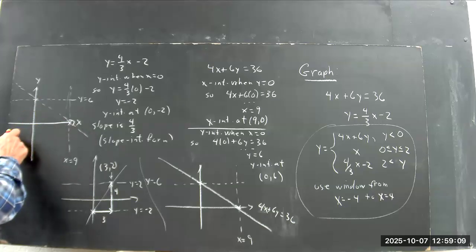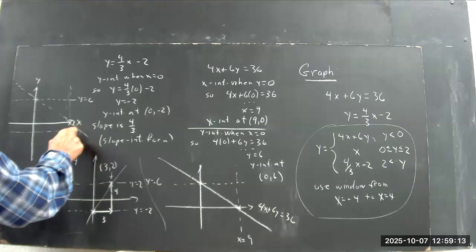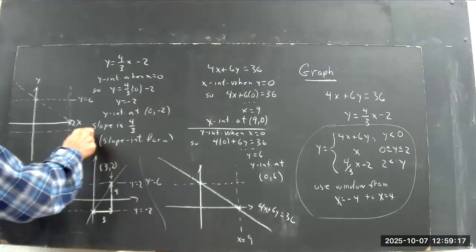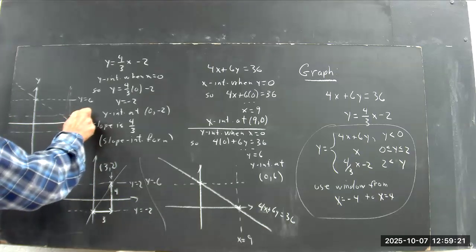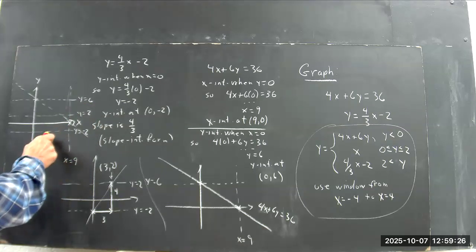So if that's y equals 6, y equals -2 would be about here. Y equals 2 would be about here. X is 9 here.